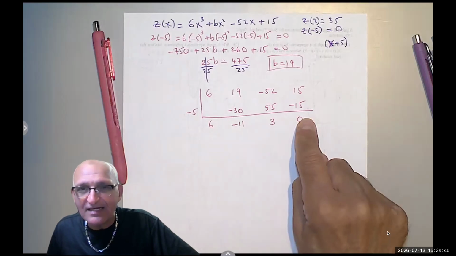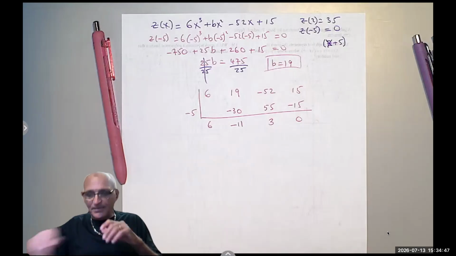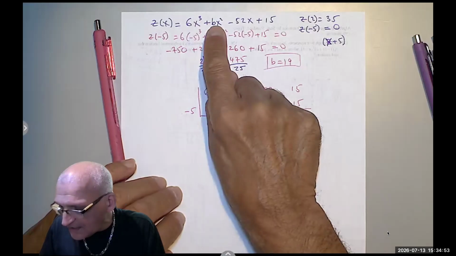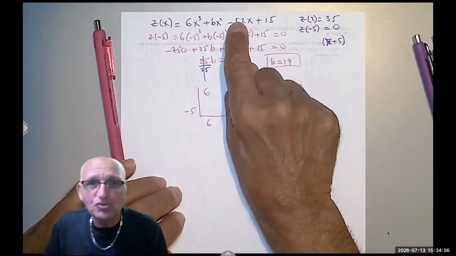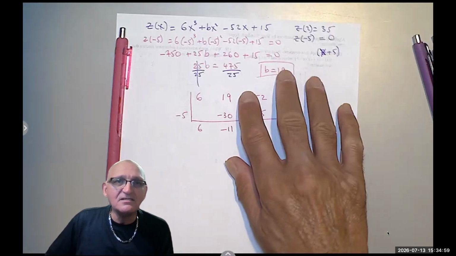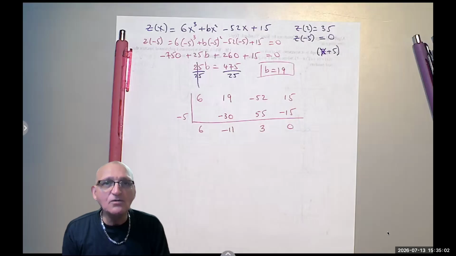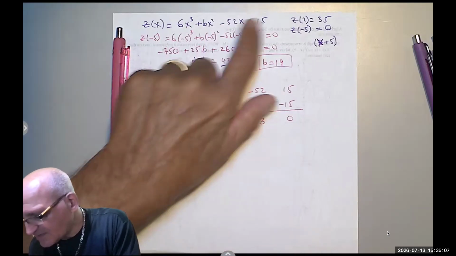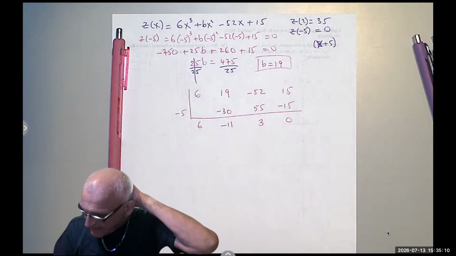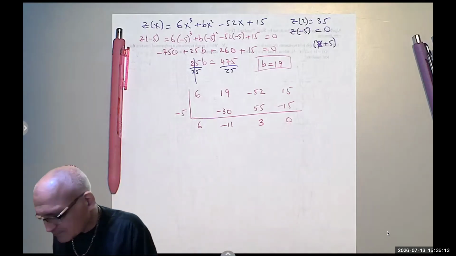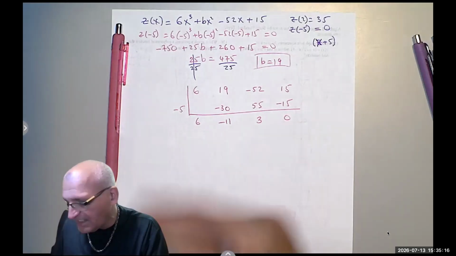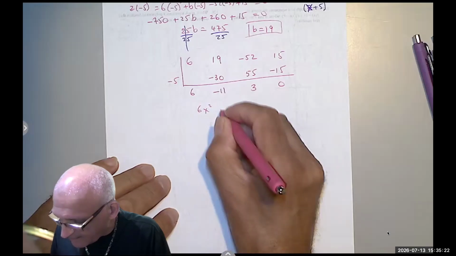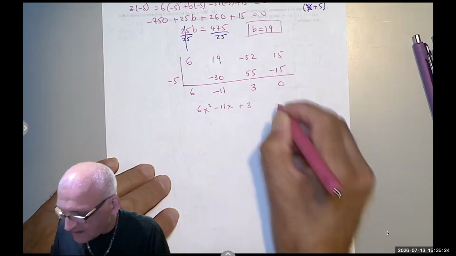So another way of looking at it is to say, I can type any number like a 1. And I say 1 plus 19 is 20, plus 15 is 35, minus 52 is negative 17. So the remainder of dividing by x minus 1 will be negative 17. Oh, I'm sorry, negative 12, right? So that's something we will need later. So now I drop my equation to 6x squared minus 11x plus 3 equals 0.